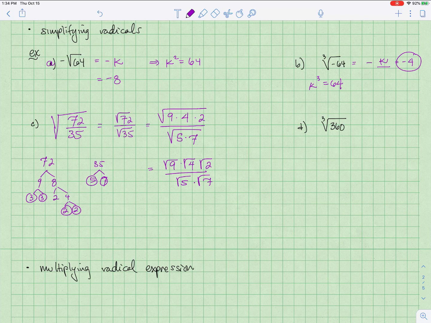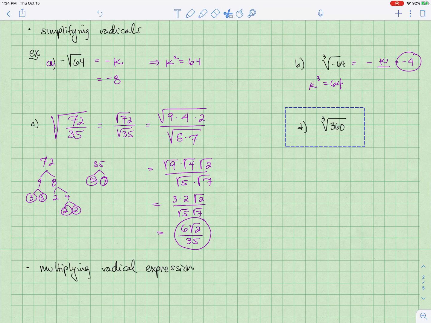And see if I can simplify this at all. Well, I know what the square root of 9 is. That's 3. The square root of 4 is 2. There's nothing I can do about that 2. And there's nothing I can do about the square root of 5 or the square root of 7. So if I now simplify this, I guess this simplifies as 6 root 2 over root 35 is my simplified answer.